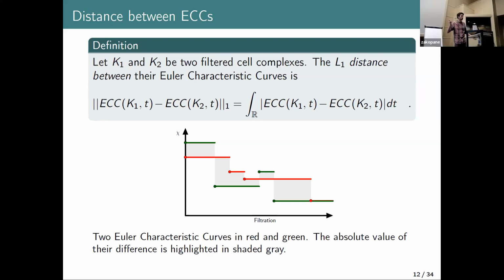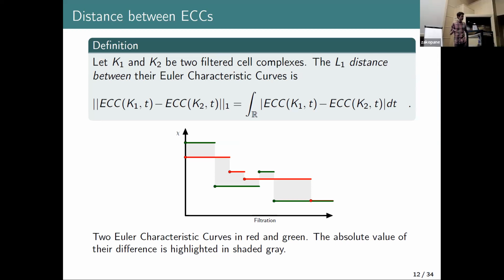And why take a one norm instead of, I don't know, the two norm? Just because these are piecewise constant, so it makes sense to compute the one norm. And so basically the difference between two Euler characteristic curves is the area, this gray shaded area over here.